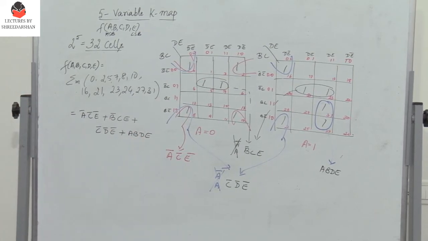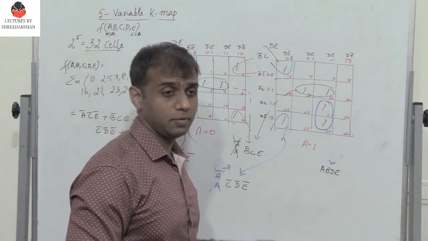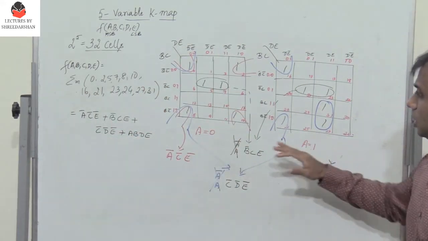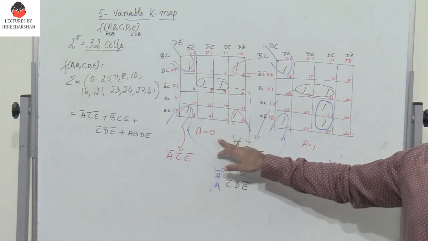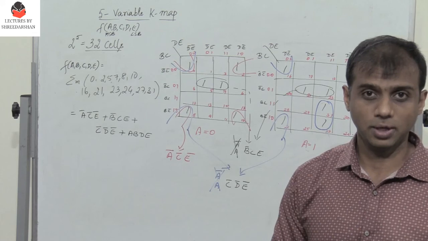So this is how we can very easily simplify a 5-variable expression using K-map. Of course, we need to write these two here, where the first one corresponds to A equal to 0 and the next one corresponds to A equal to 1, and you can very easily simplify all of them.